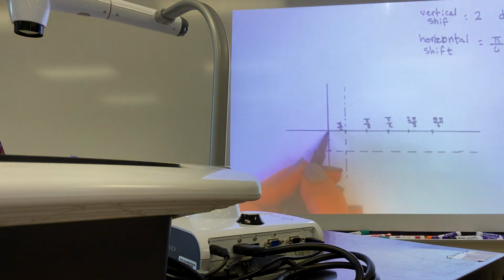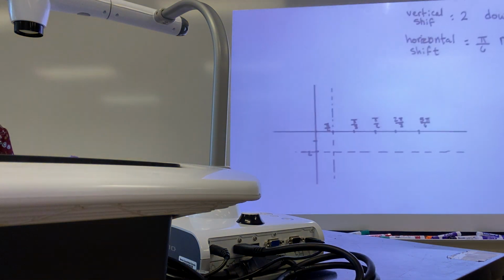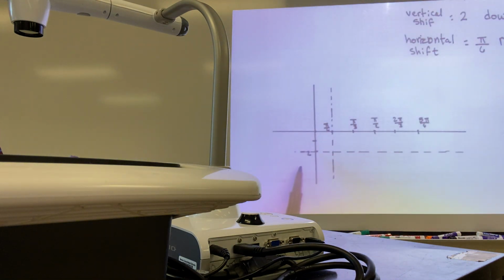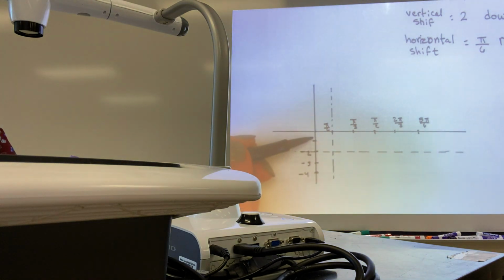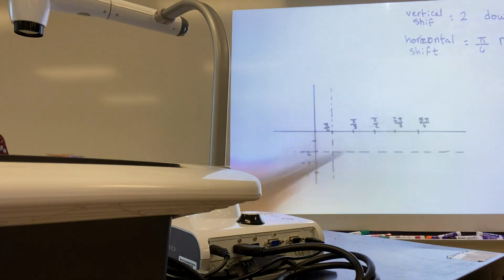Okay, the amplitude is 2, so the graph will go 2 units above the negative 2, so that will take it to 0, and 2 units below the negative 2, because remember the graph is shifted 2 down, so it will be here, negative 3, negative 4. So the graph will be between 0 and negative 4.